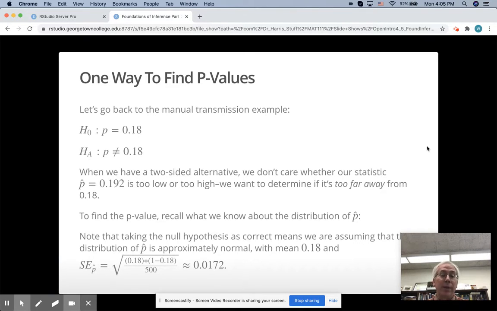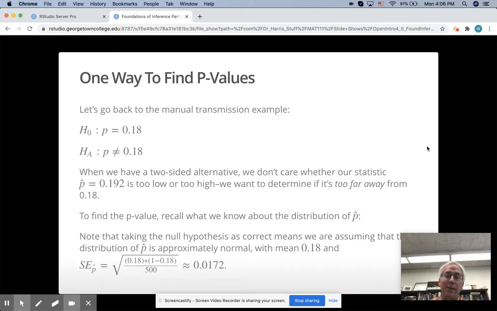The standard error is the square root of 0.18 times 1 minus 0.18 over 500, which we computed a couple of videos ago as 0.0172. So the mean of 0.18 and the standard error of 0.0172 are all based on assuming that the null hypothesis is true. So again, we're proceeding as if that's the case.